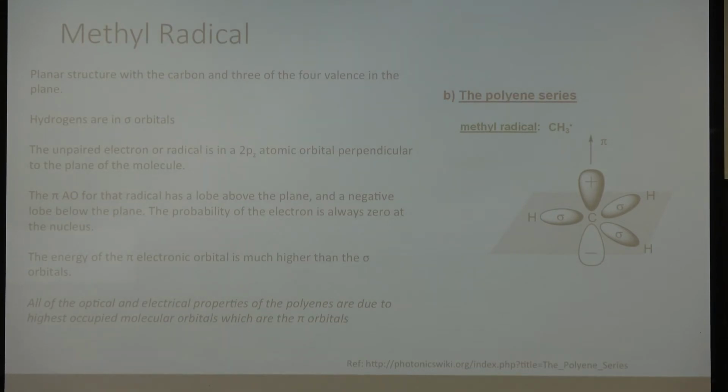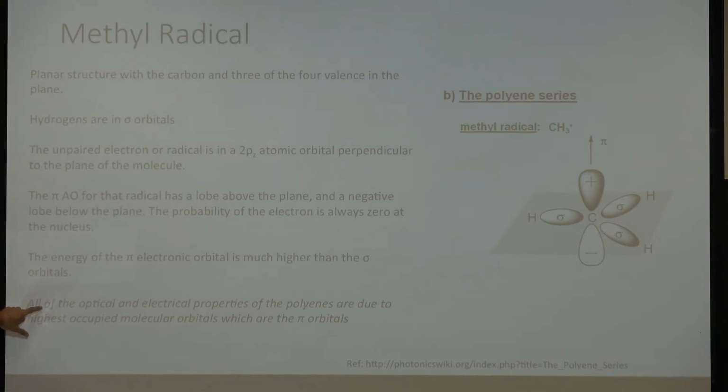Positive and negative nodes, right? Okay. So this unpaired electron or radical is in this atomic orbital perpendicular, okay? The pi atomic orbital has a radical in a lobe above and below the plane, okay? Probability is always 0 at the nucleus, okay?